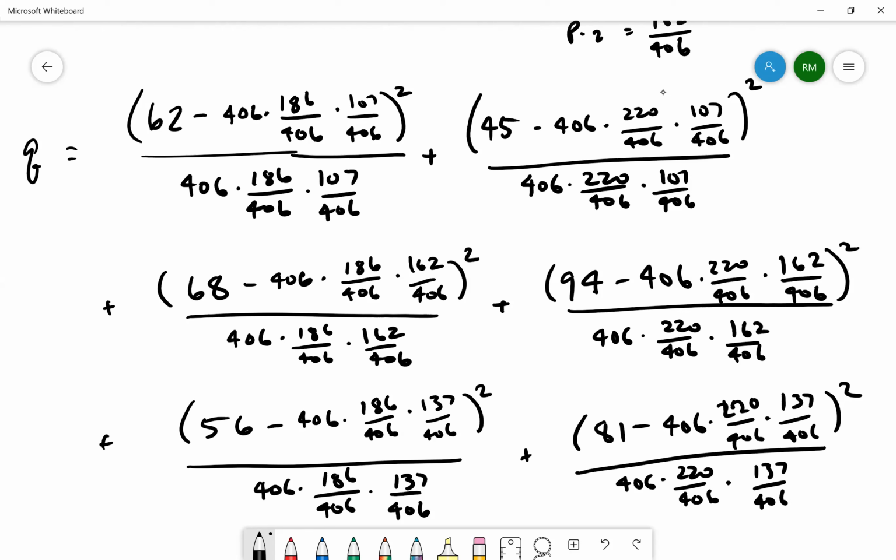All right, so needless to say, doing this by hand would be terrible.